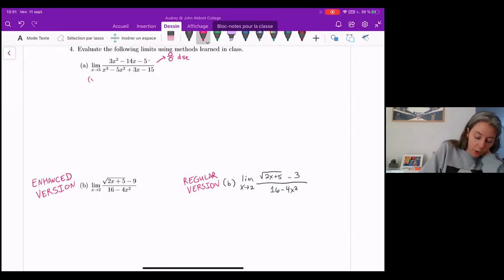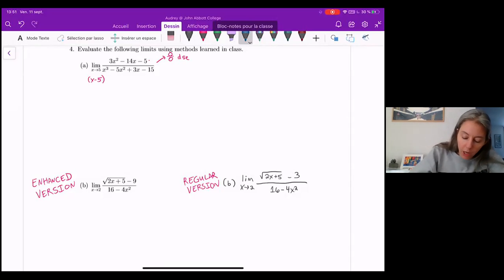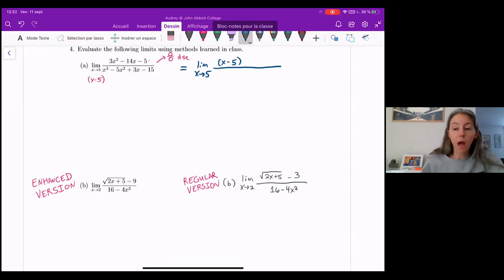This something else I want to do is, I plugged in 5 and got 0, so I know that x minus 5 is a factor. My goal, therefore, is going to be to factor these things and get rid of the x minus 5 that shows up. So since we're supposed to use methods learned in class, in the numerator we use the fact that x minus 5 is a factor, and ask ourselves what the other factor would have to be.